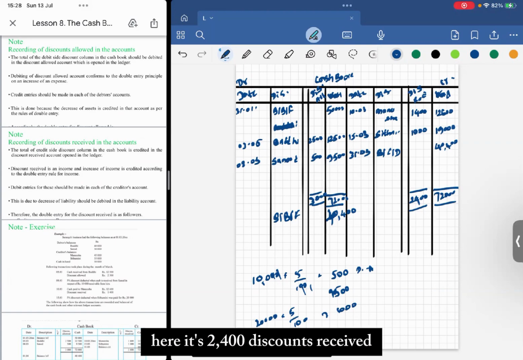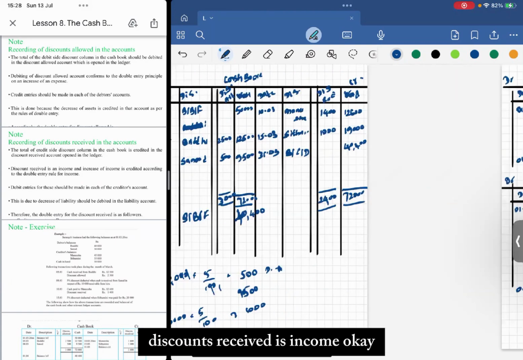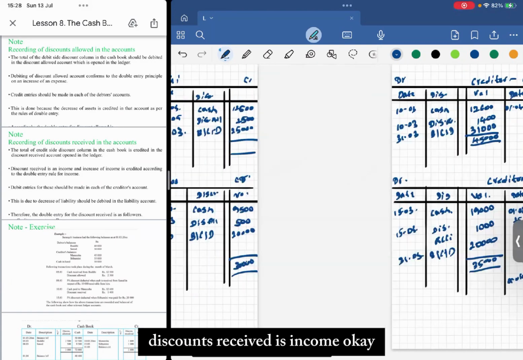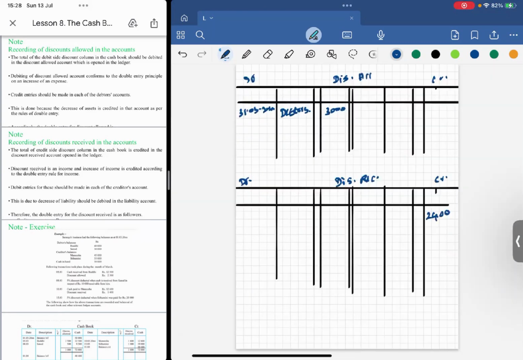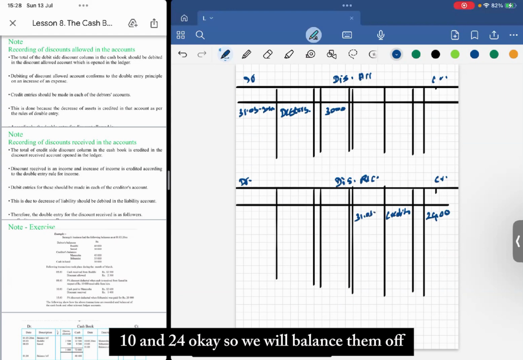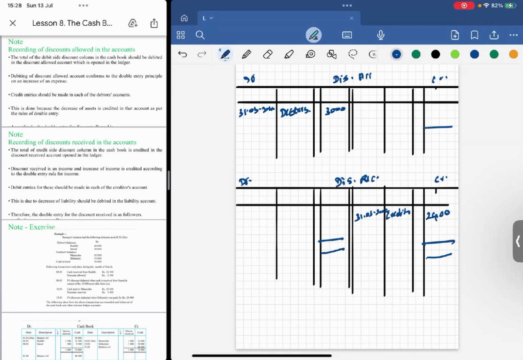Okay, here it's 2,400 discounts received. Discounts received is income. Okay, so we record it here, 2,400. Creditors. 31st, then 2024. Okay, so we will balance them off.